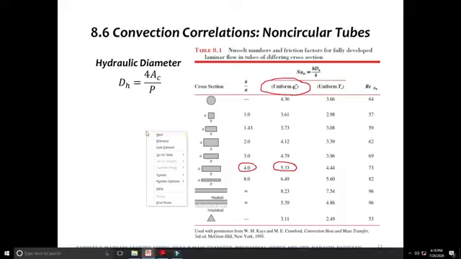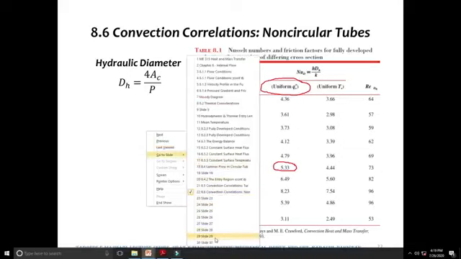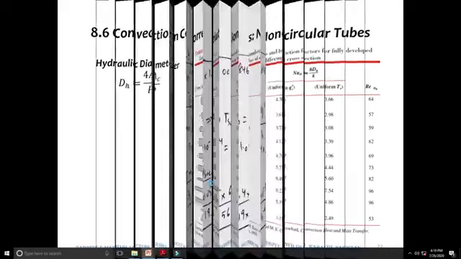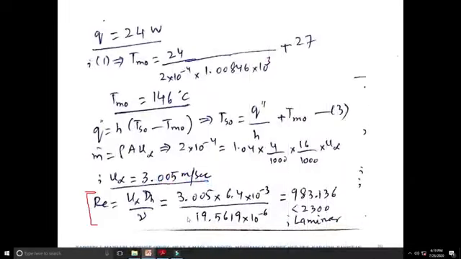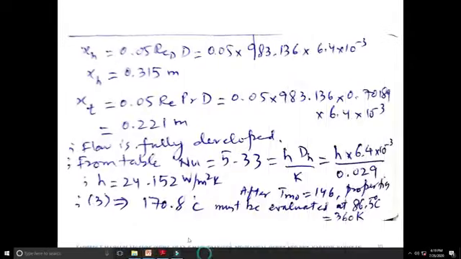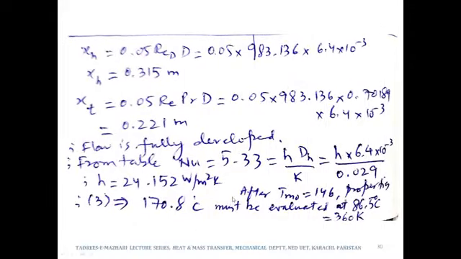So now going back to that slide, we have found out this Nusselt number as 5.33, and then we will equate it to H times D over K, where again D would be the hydraulic diameter and K would be found out using the same table of properties.